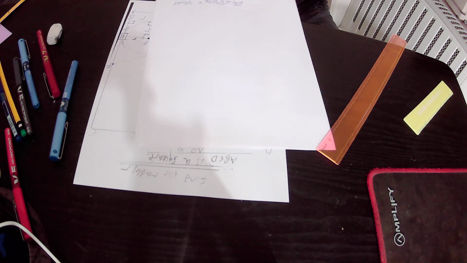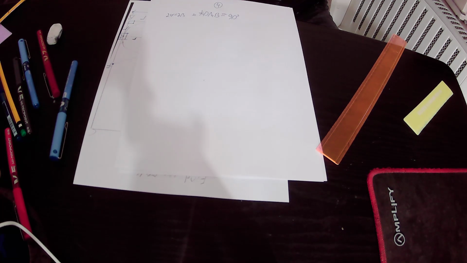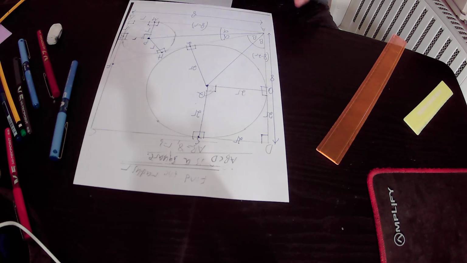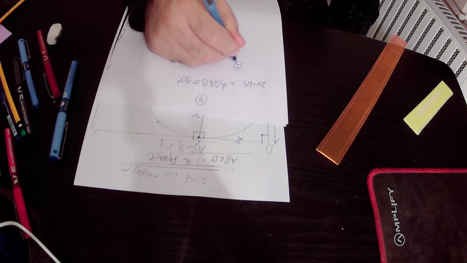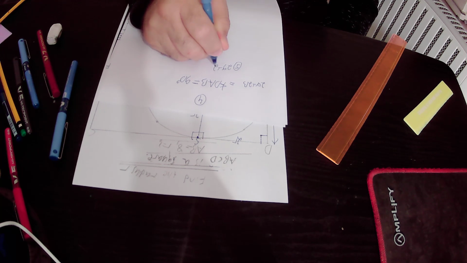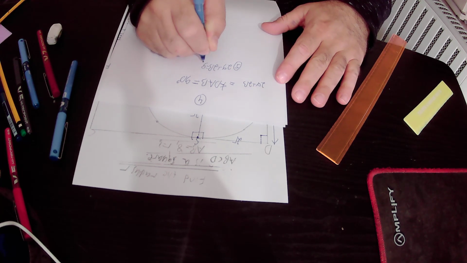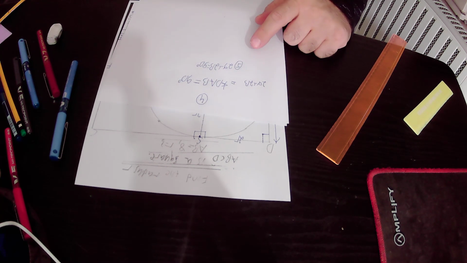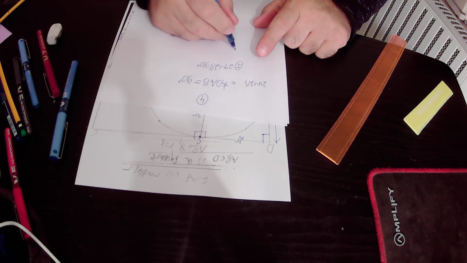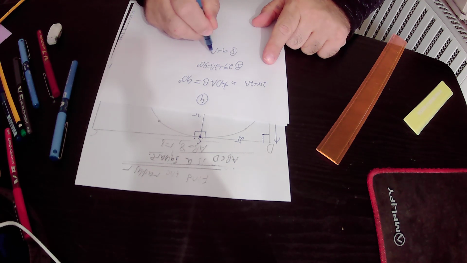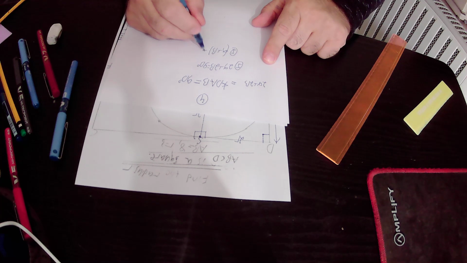So angle DAB equals 90 degrees from one side, but from the other side it equals the sum of the four angles that it consists of. From this equality we conclude that 2 alpha plus 2 beta equals 90 degrees. This will be equation number 1. Here we divide equation number 1 by 2, and we get that alpha plus beta equals 90 degrees over 2, which is 45 degrees.